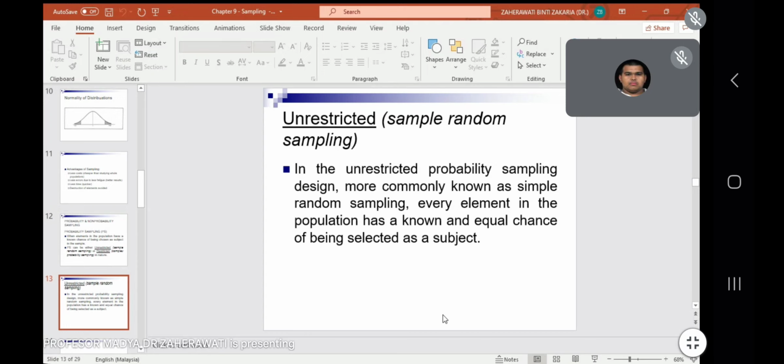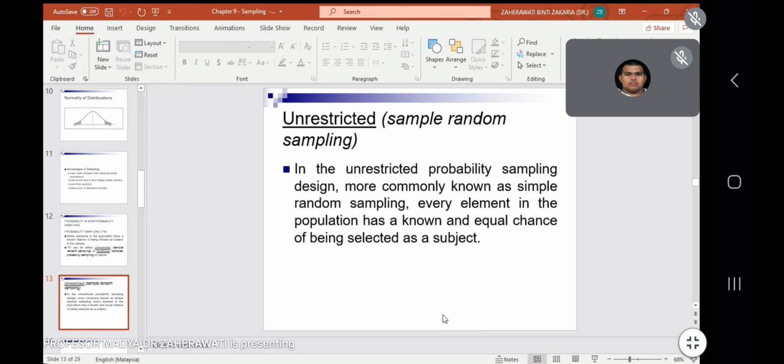Let's say you choose respondents among the public, how can you use simple random sampling? You don't know the exact or the latest statistics, how many households have the criteria in Sungai Petani.